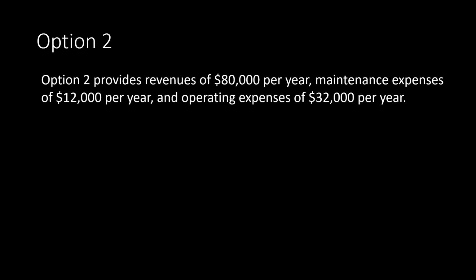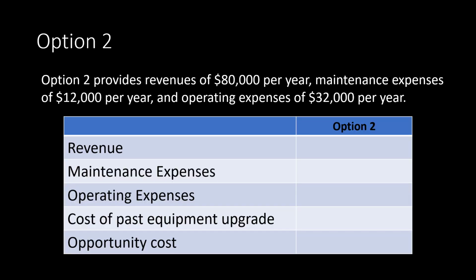In alternative option 2, the option provides revenue of $80,000 per year, maintenance expenses of $12,000 per year and operating expenses of $32,000 per year. To fill in the table, the revenue is $80,000, the same as option 1.